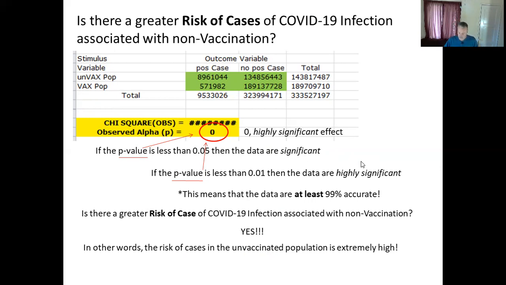So we take our numbers from the previous slide and input them into the chi-square statistic, and you can see we come out with a highly significant effect, the p-value being less than 0.01, 99% accurate in this calculation. Answering the question, is there a greater risk of case of infection associated with non-vaccination? Resounding yes. In other words, risk of cases is extremely high. We have far more cases in the unvaccinated population than the vaccinated.